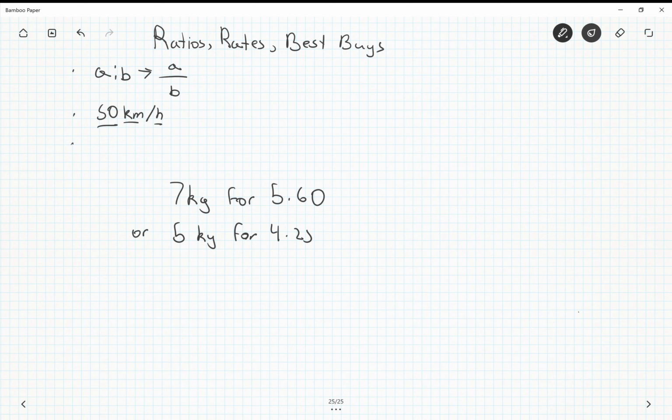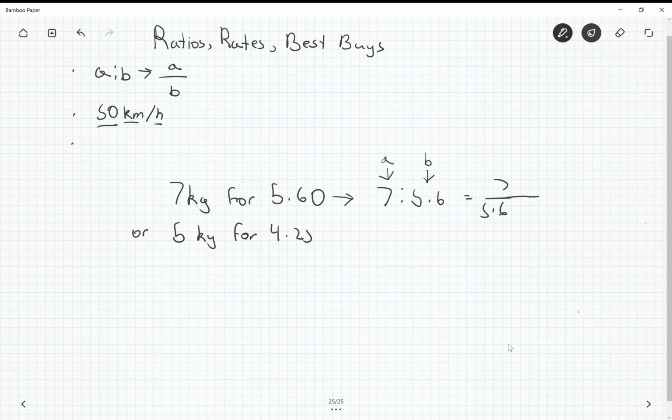Well, when you think about this, we can put both of these into ratios. So we can put this into 7 to 5.6, right? So now we can use 7 as A and 5.6 as B, and put it into a fraction, and that would then equal 7 over 5.6. Now, if you know your division, you would find that if we divide both sides by 7, it would still work.